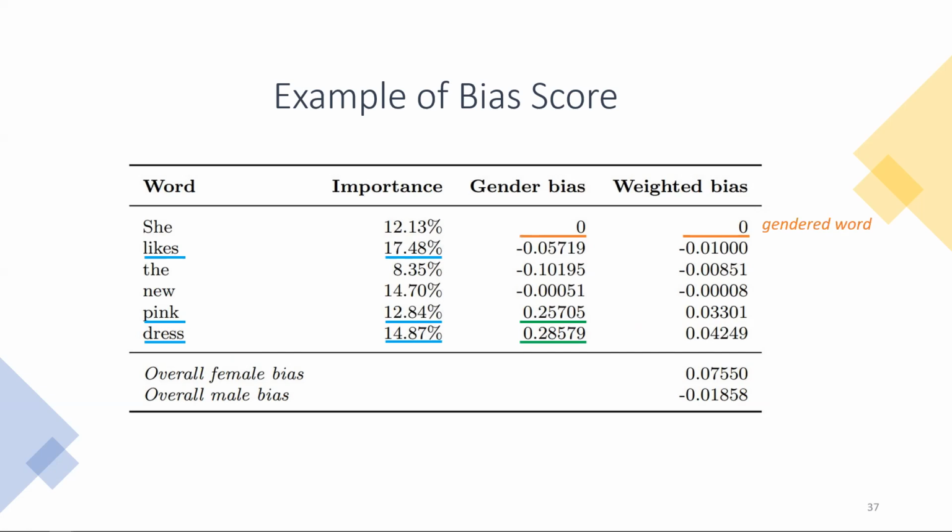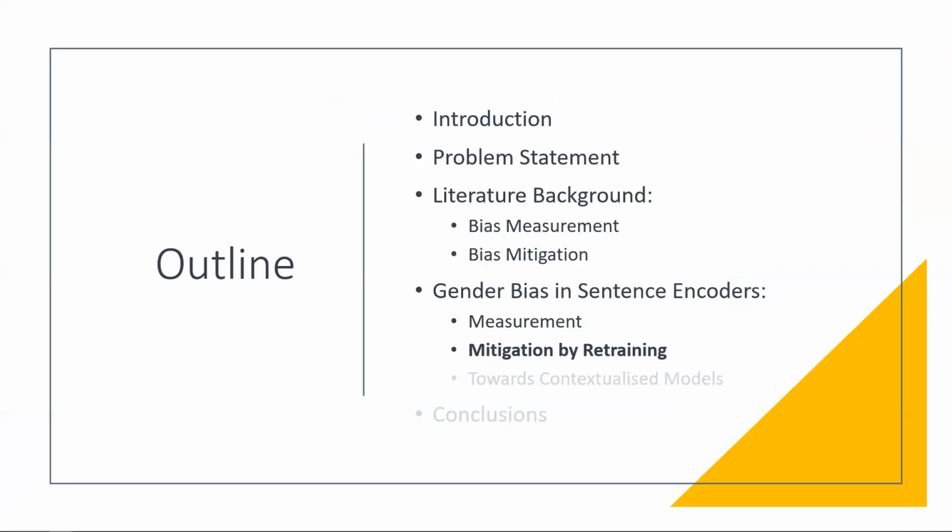And for the rest, of course, you have an amount of bias that intuitively is higher for stereotyped conceptions. So in this case, the color pink is more biased, so the word vector for pink is more biased, and the same for dress. And then you can take everything together and compute the female bias and male bias. In this case, you can see that the female bias is very, very high and the male bias is very, very little, because it's actually a very female stereotyped sentence.